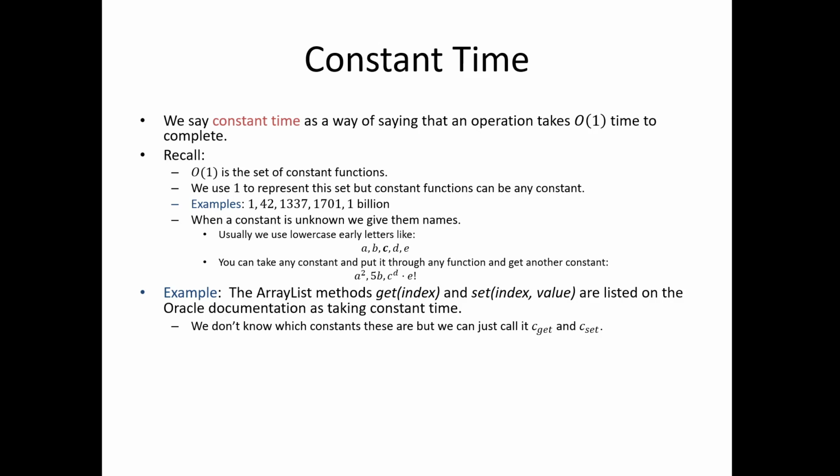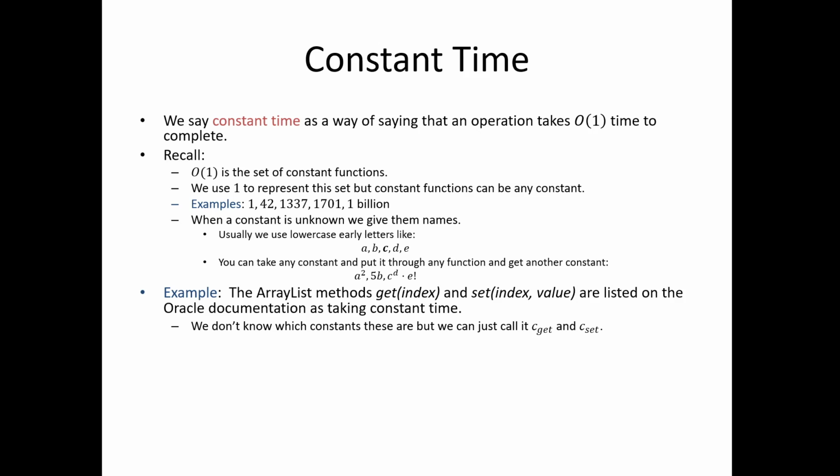All right, so let's take a look at another example here. Let's say we have looked at the ArrayList functions get and set. We've looked them up in our Java docs and our Oracle documentation, and we've confirmed that yes, these two functions are constant time functions.